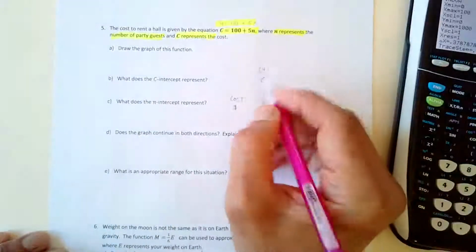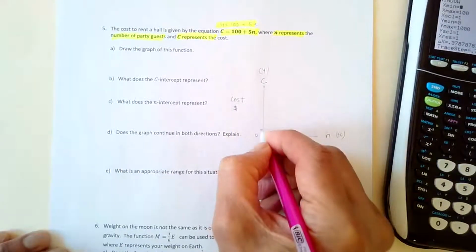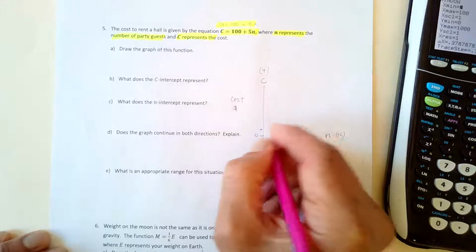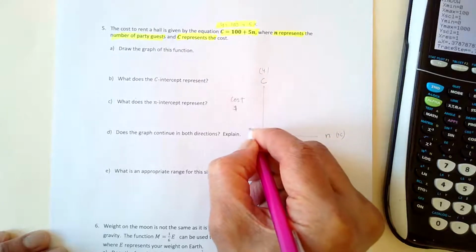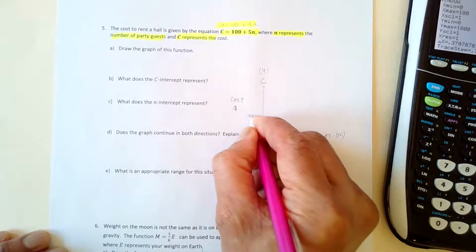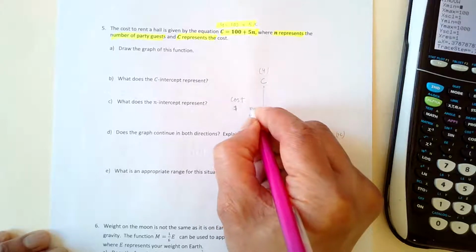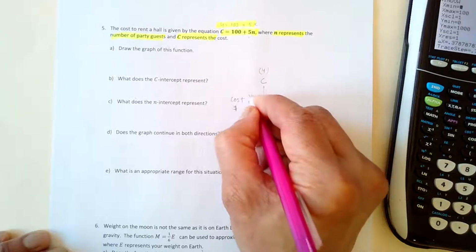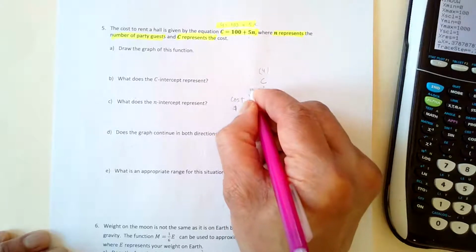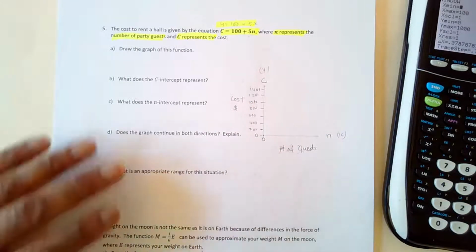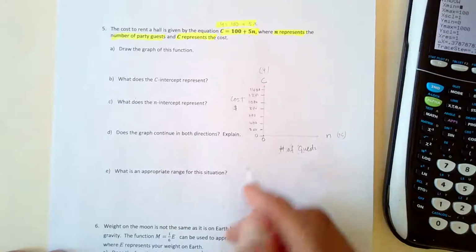So we can make this an increment of 200. So we have 200, 400, 600, 800, 1,000, 1,200, 1,400. I don't know if this will be a realistic one until I answer the questions you asked, right?